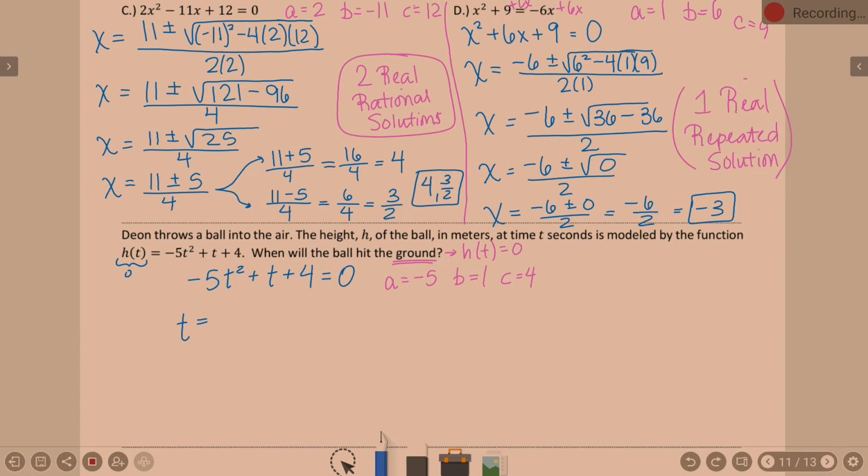Not that that makes a huge issue to what you write, but official form. Negative b, negative 1 plus or minus the square root of b squared, 1 squared, minus 4 times a times c, all over 2a.